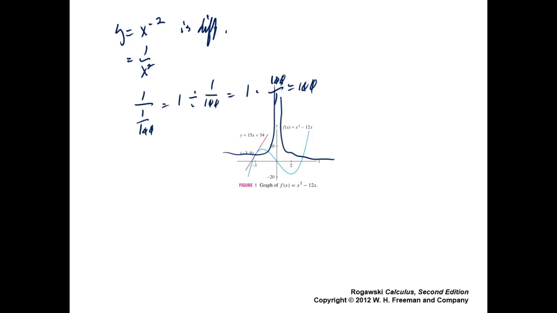Since it's a continuous, smooth function everywhere except x equals 0, it is differentiable everywhere on its domain. It's just that the domain doesn't include 0.